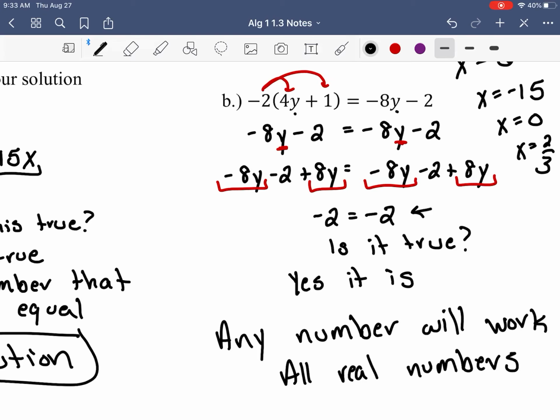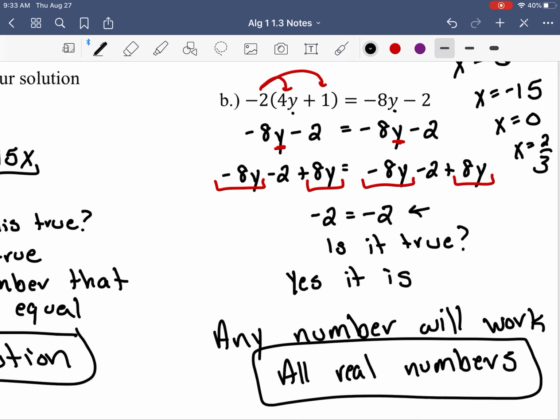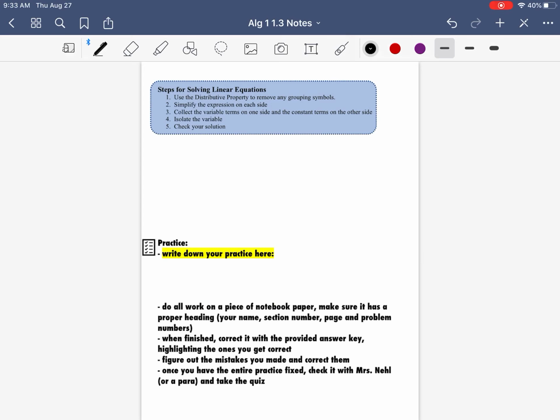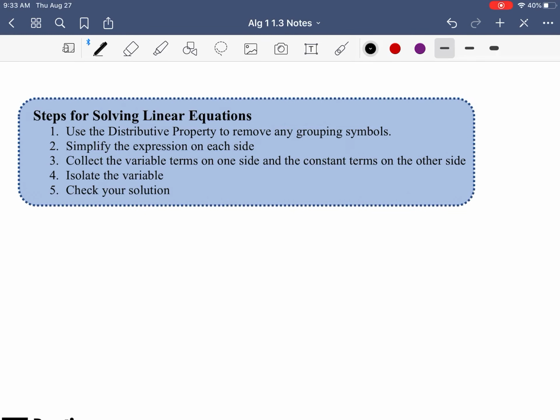There are some that aren't real, they're imaginary, but we'll deal with those later. That's an Algebra 2 issue. But here, all real numbers will work. So this is what we'd write for our solution, all real numbers. Because it's asking, what numbers will make this equation true? Well, any of them will.